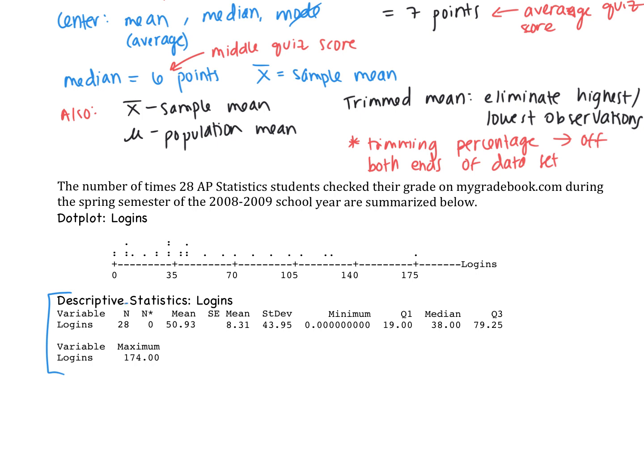You need to be able to read N, number of observations. The mean is the average. The median is there. And then for fun, you have the minimum and the maximum. The other numbers you don't need to worry about yet.